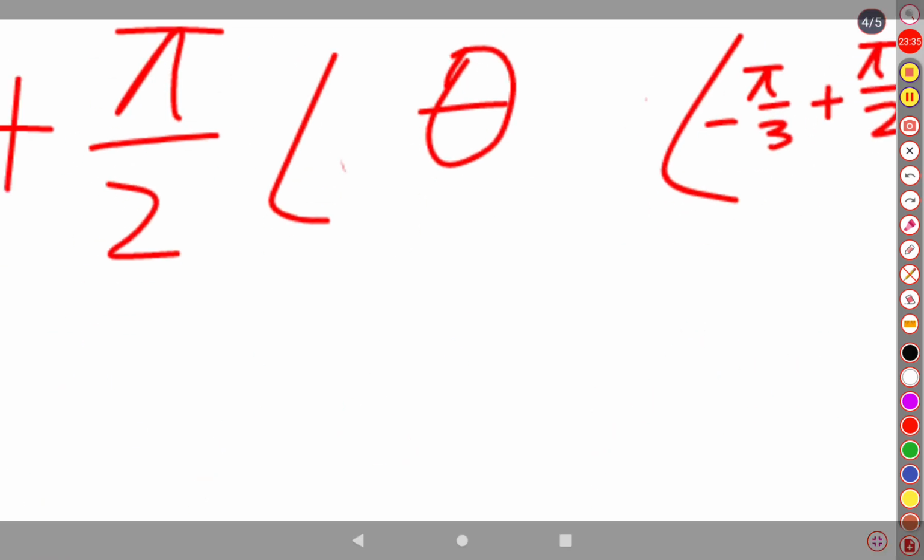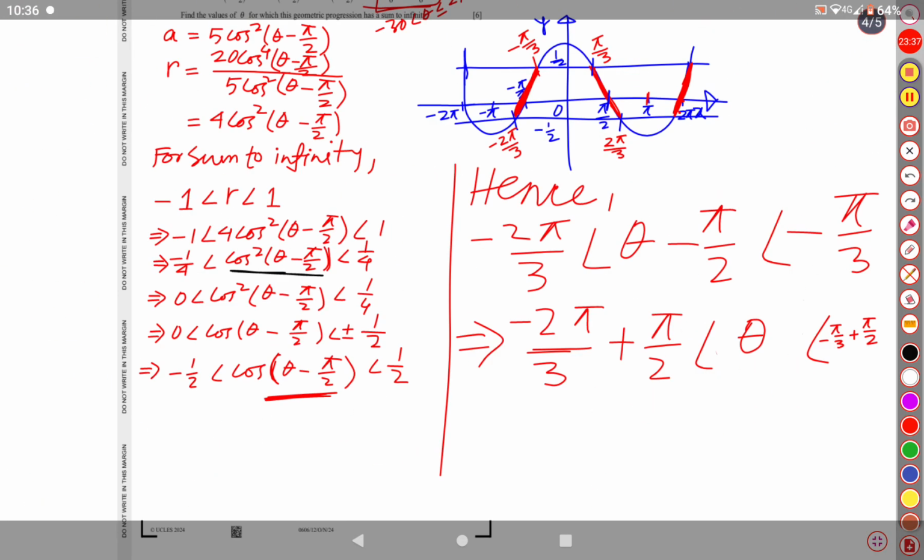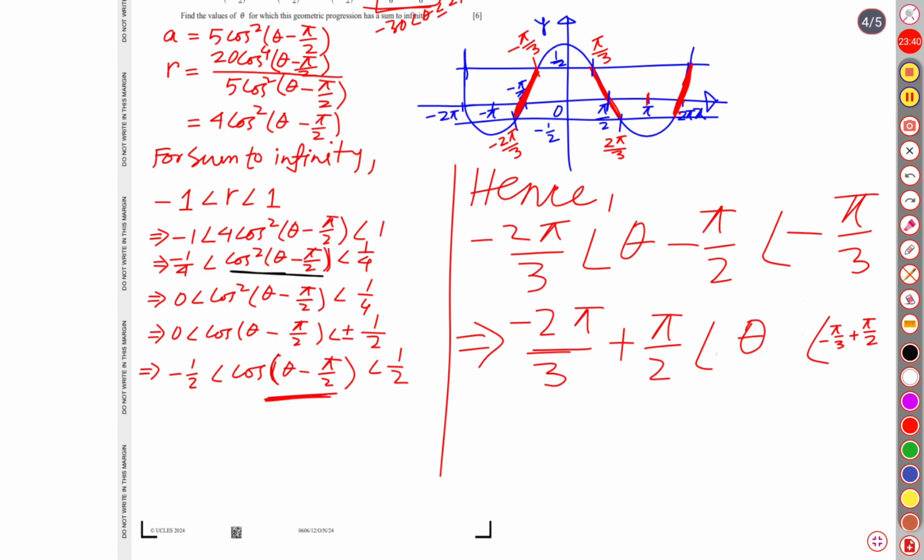Then if we simplify this, the first range is, look at this, negative 120. From negative 120, if we add 90, that is negative 30 degrees, so it is going to be negative pi over 6. You can do this calculation taking a longer time also, but it will show the same result.